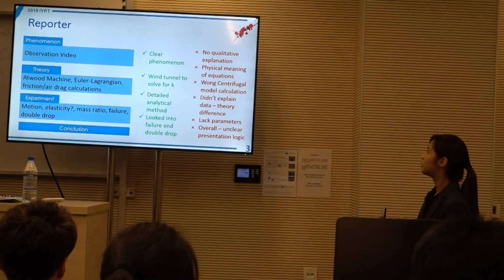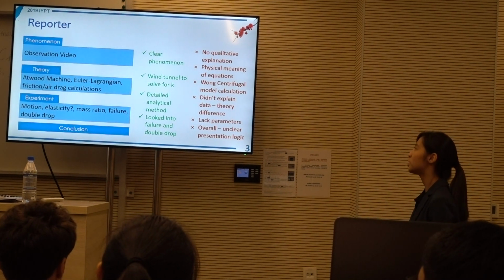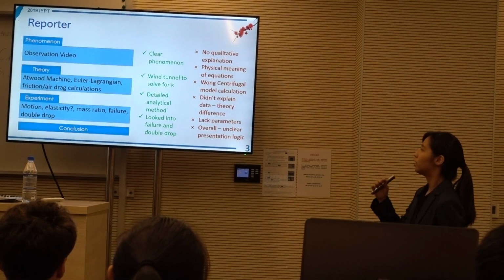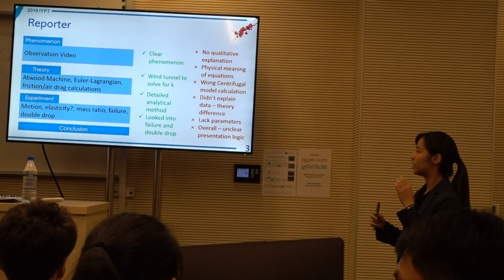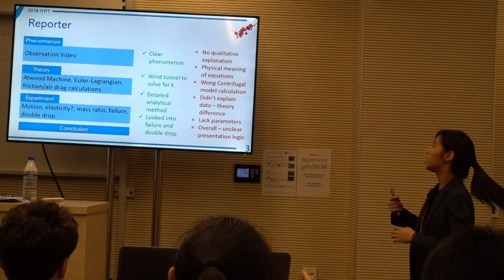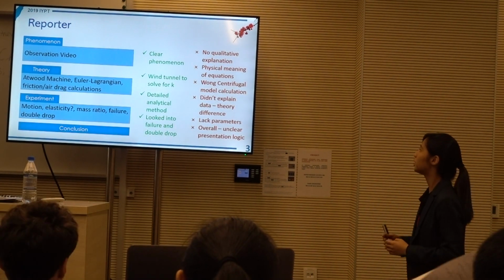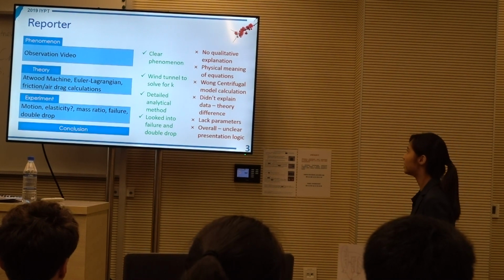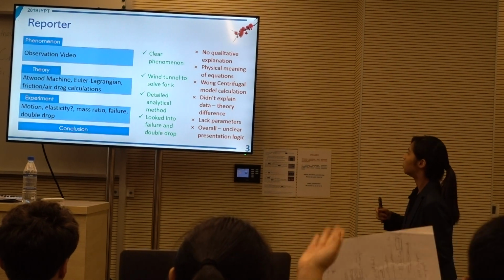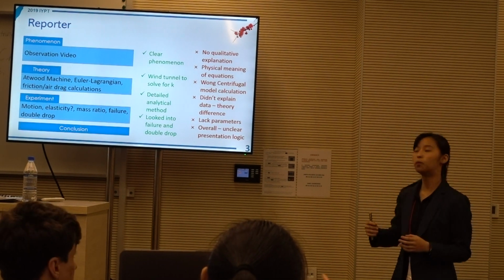on it. And the physical meaning, in the theory part, he told us about the Euler-Lagrangian theory, and the friction and air drag calculation, which I think he did a good job on, using a wind tunnel to solve for K, but the physical meaning of the equation was not well explained, and the motion model calculation was not well explained.